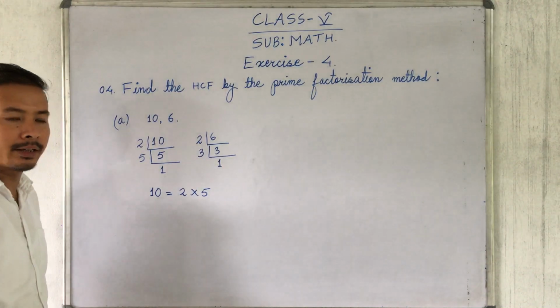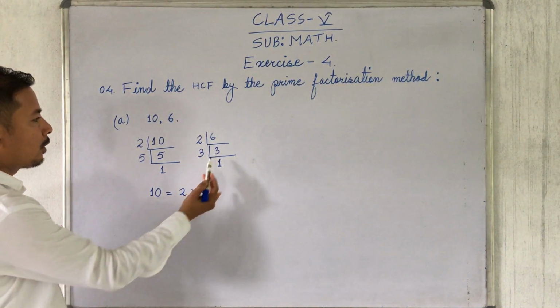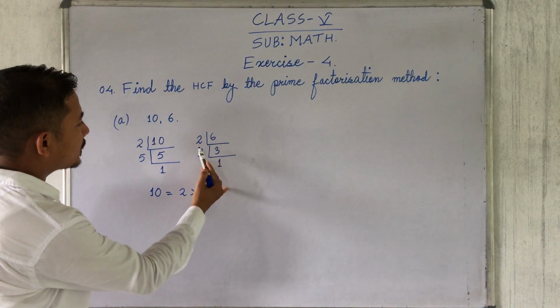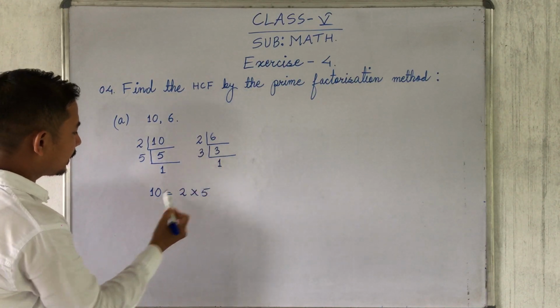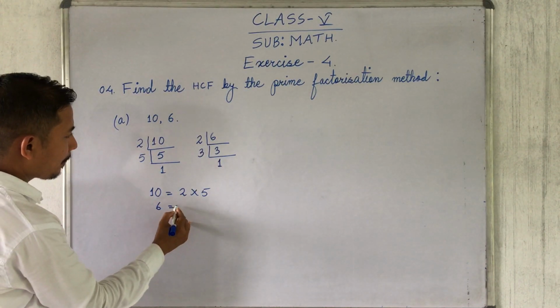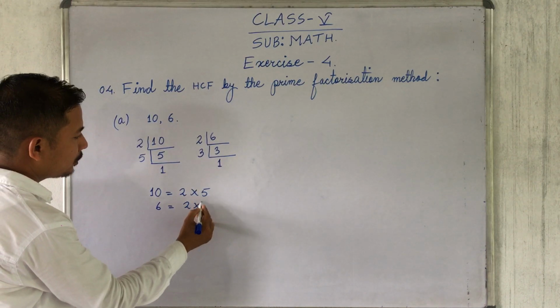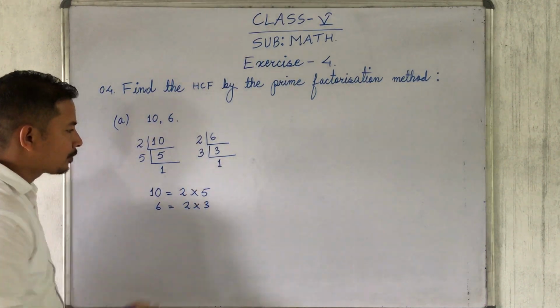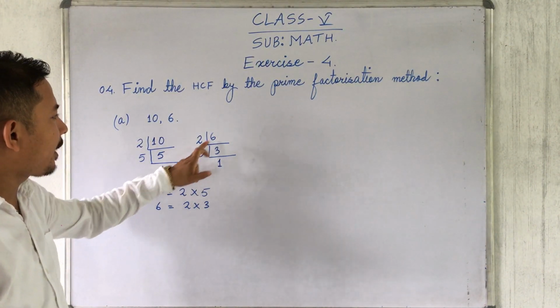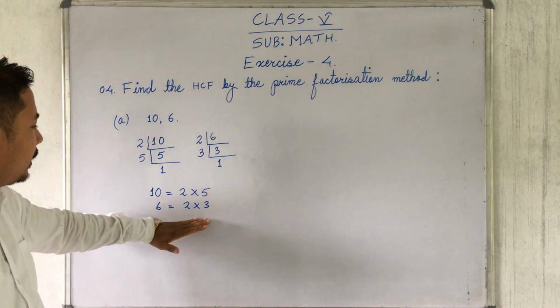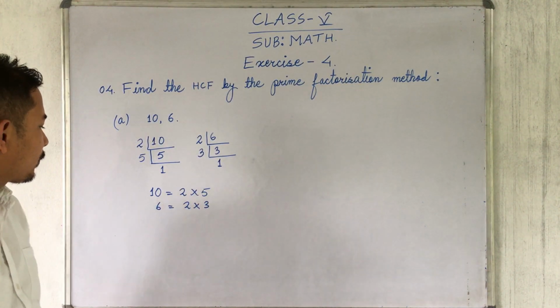And what are the factors of 6? 2 and 3, isn't it? So 6 equals 2 into 3.